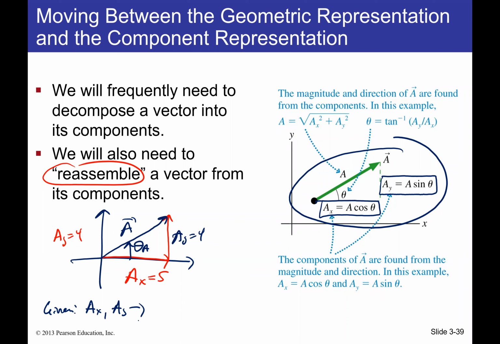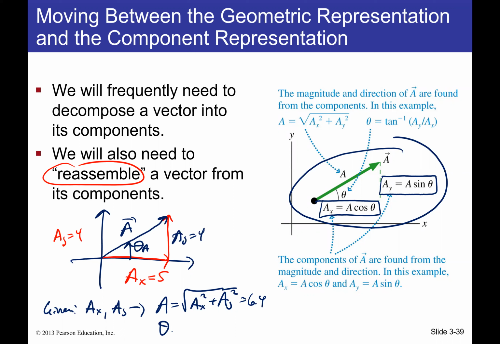How do we do that? Pythagorean theorem. A is going to be the square root of the X component squared plus the Y component squared. And that's how I find it. So the square root of 5 squared plus 4 squared gives me the resultant, 6.4.